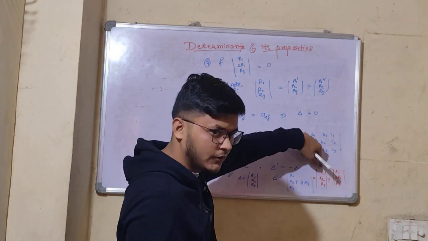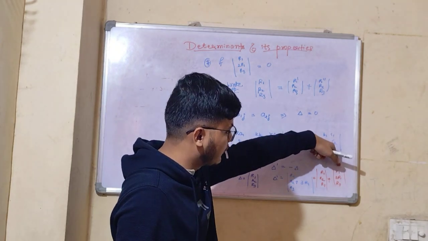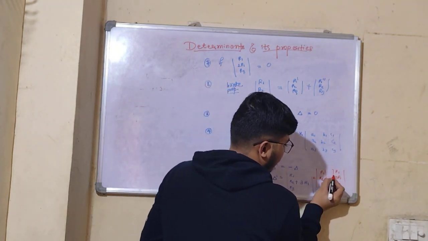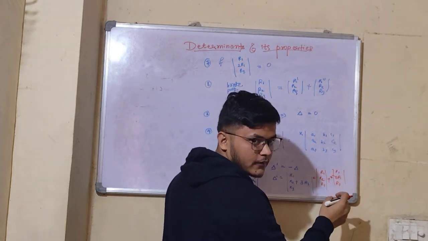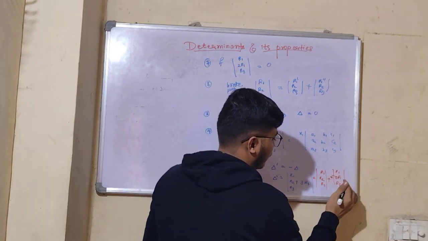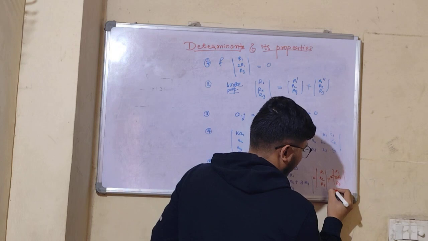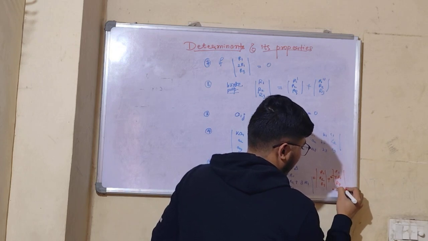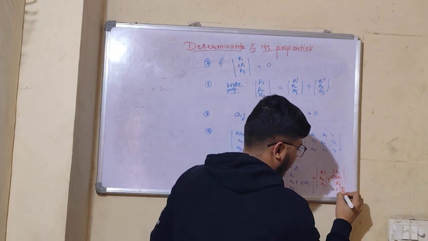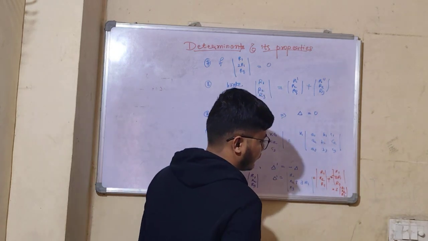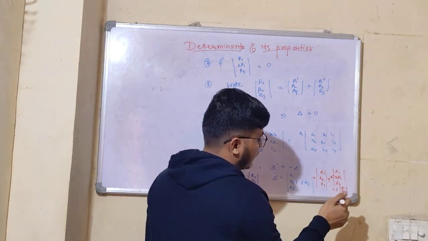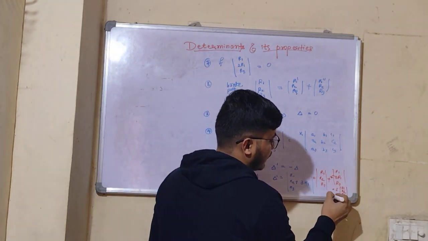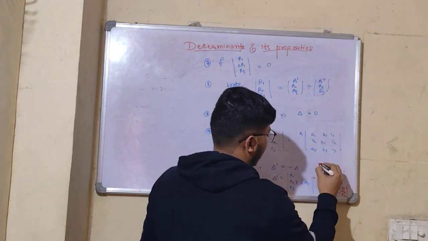Since this is our delta again, now going on to this, since we can take this factor out of this determinant, this will become 3 times delta, that is R1, R2, R3, and in place of R2 we have R1 and here we have R3. As we concluded in one of our properties, if two of the row elements are the same, then the delta is 0. So again we have delta equal to delta.